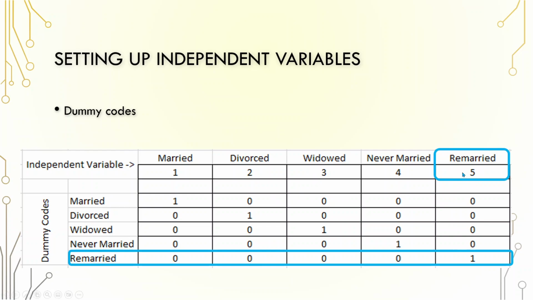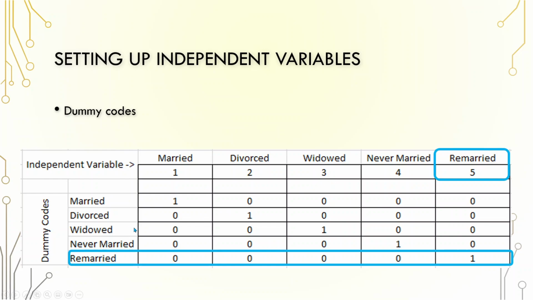Or if the remarried group was the one where you didn't have very many people, I might say currently married and make the married and the remarried into one variable, and then have divorced, widowed, and never married be their own variables. Or I might just simply say currently married, not married, and simplify it into 2 groups rather than having 5.